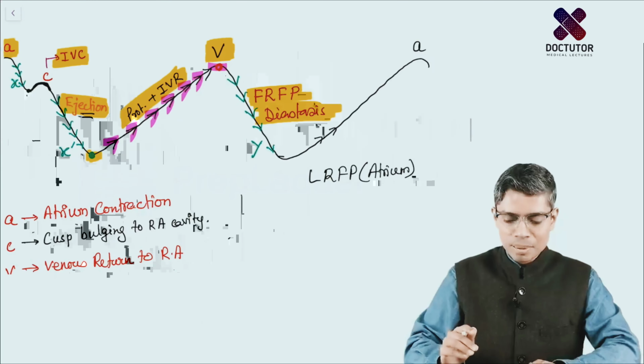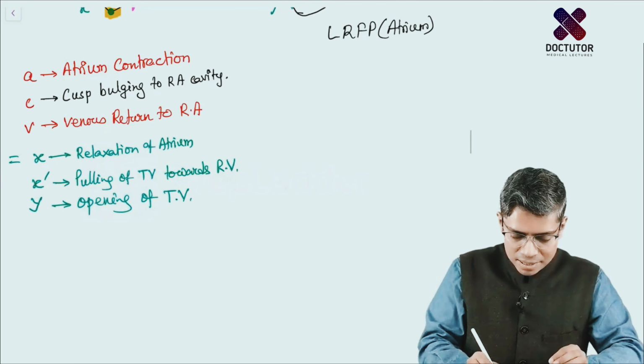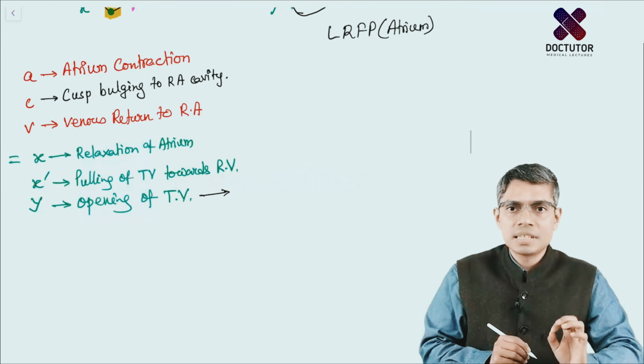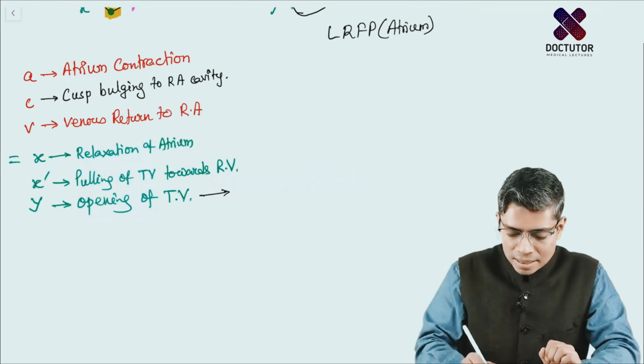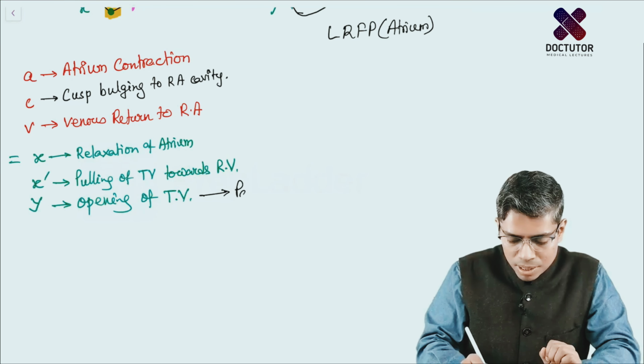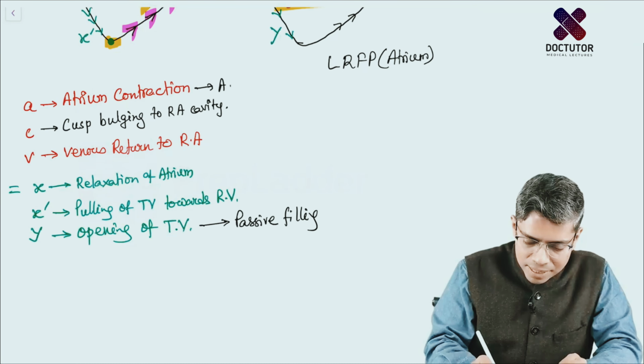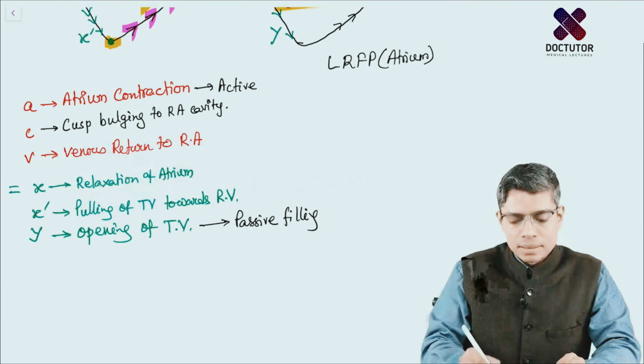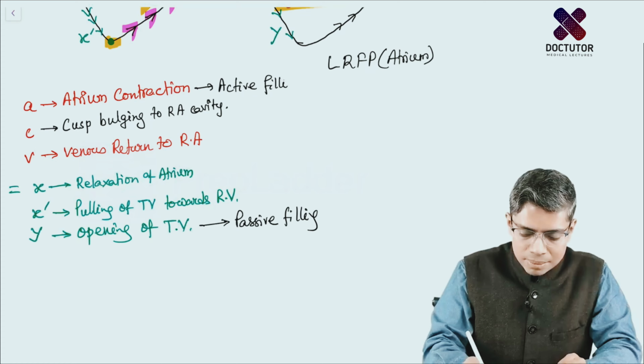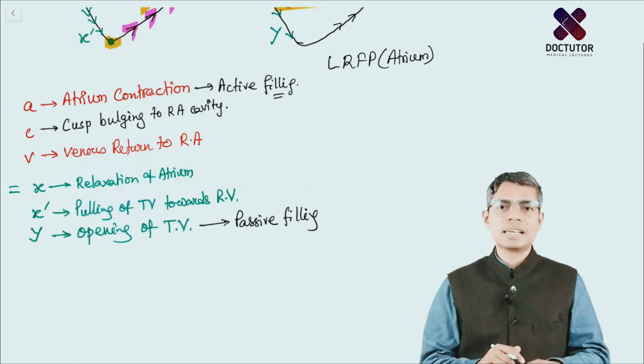So remember, this Y descent is happening due to opening of the TV, the tricuspid valve, and that is happening during which phase of the cardiac cycle? The passive filling phase. During the active filling phase of the cardiac cycle, the A wave in the JVP will be created. Getting my point?